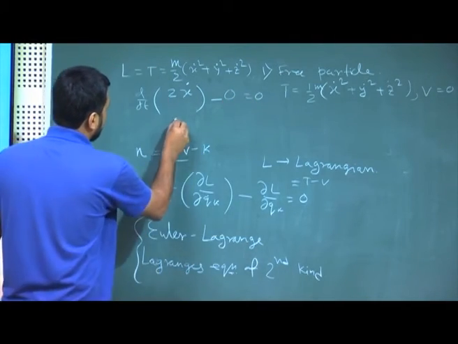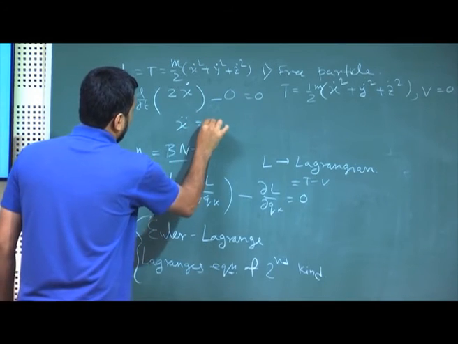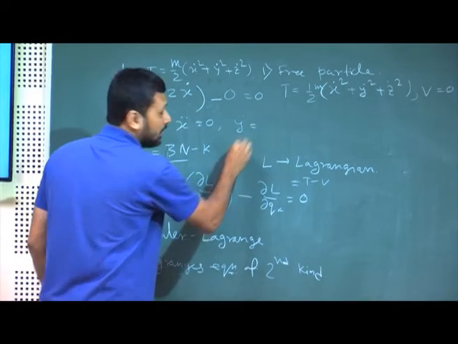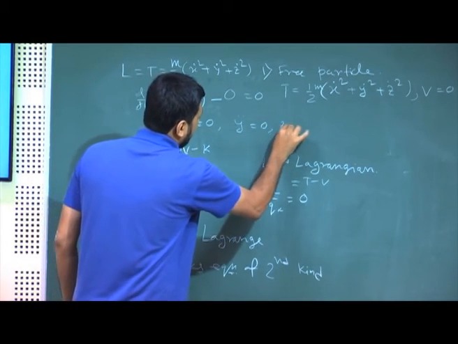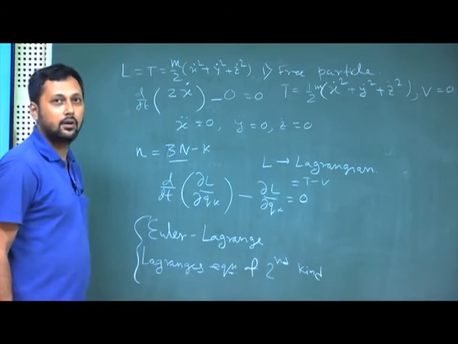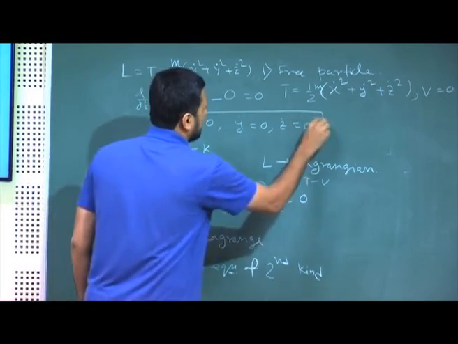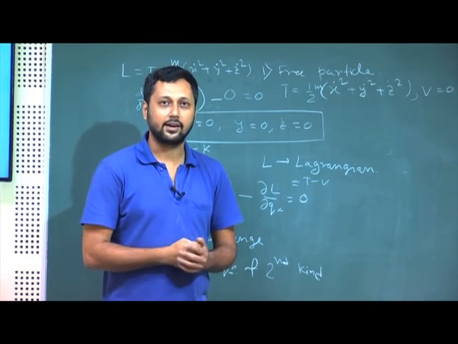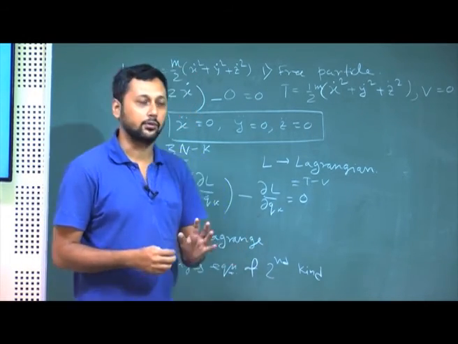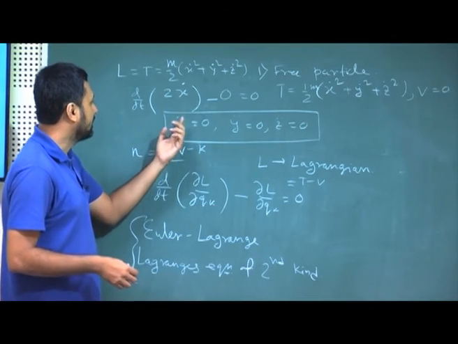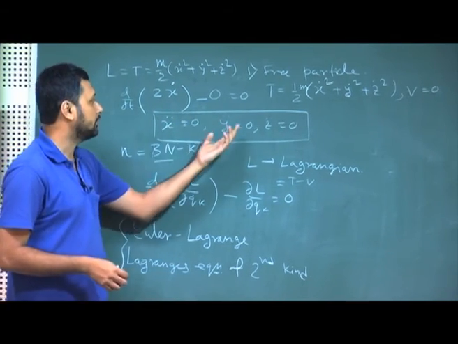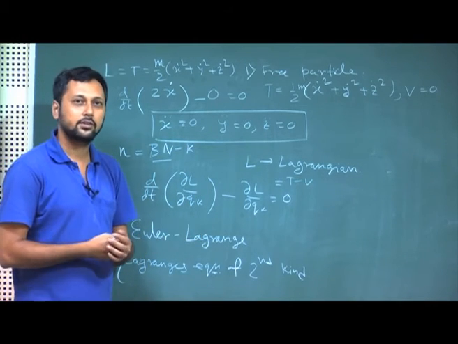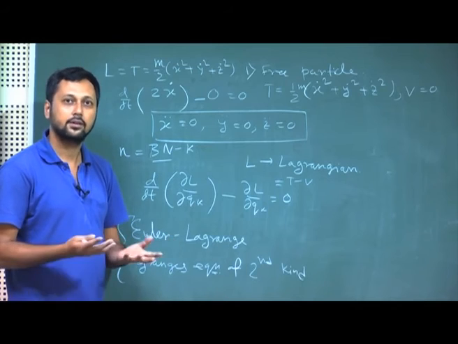So, my first equation is nothing but x double dot equal to 0, and just from the symmetry of the problem my second and third equations will be y double dot equal to 0 and z double dot equal to 0. And this is exactly what we have for a free particle. All the accelerations are 0. Free means no force is acting on it. So, the free particle has a constant velocity. If we integrate them, we have Vx equal to constant, Vy equal to constant, Vz equal to constant. What the values are depends on the initial conditions, that is it.